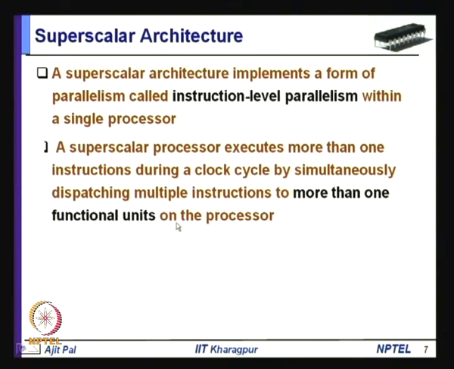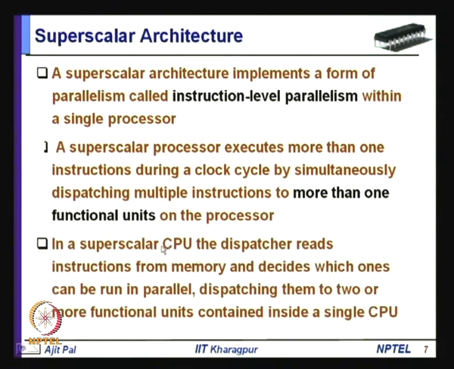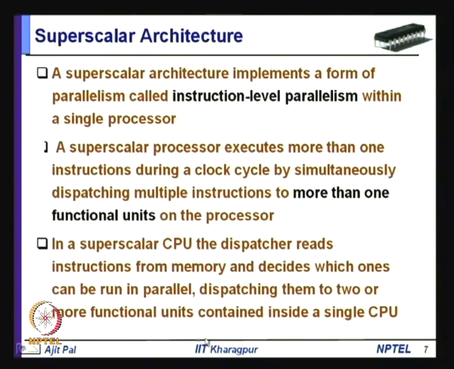As I have shown, there are multiple functional units, and in a superscalar CPU the dispatcher reads instructions from the memory and decides which ones can be run in parallel. There is a special piece of hardware which reads the instructions from the memory and then identifies which operations or instructions can be executed in parallel, and this is all done by hardware.